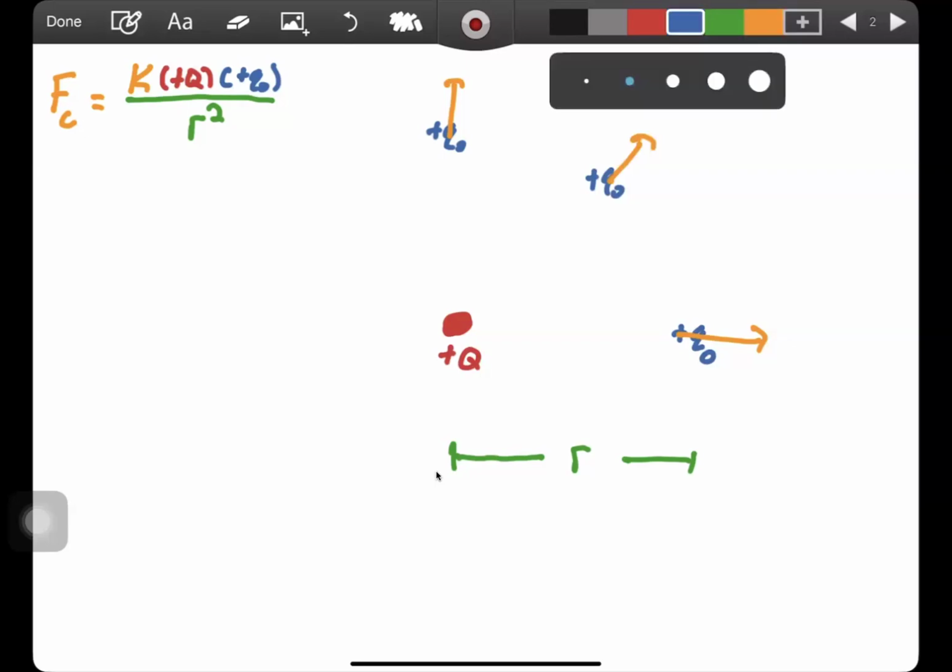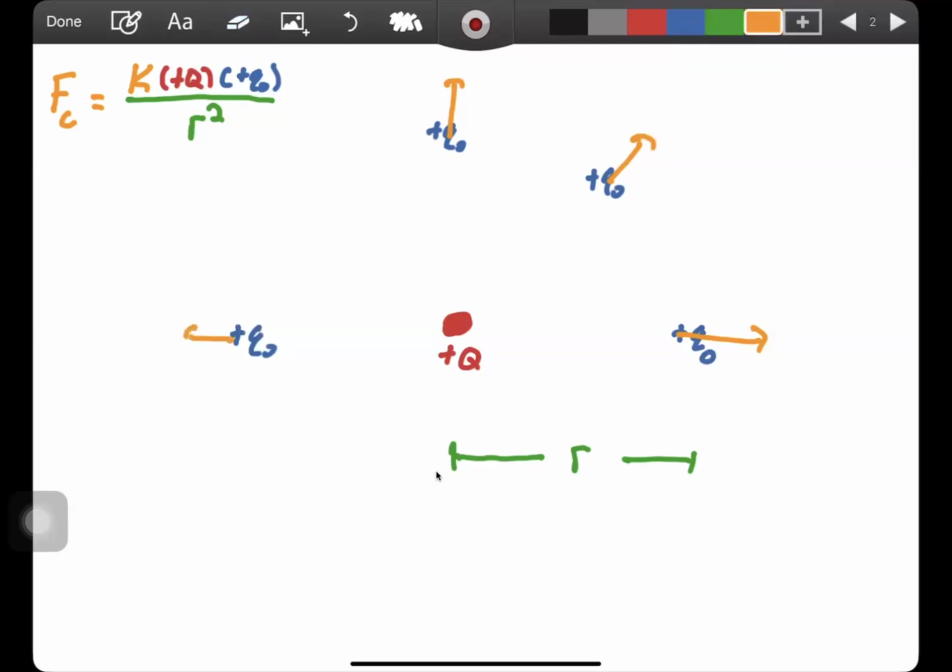If I put my test charge over here, now the Coulomb force is going to go off to the left. You can probably see a pattern here. You have arrows that are spherically emanating from this red plus Q charge in the middle. That's because if you were to bring in a second test charge, this is what the directions of those forces would be at those different locations.